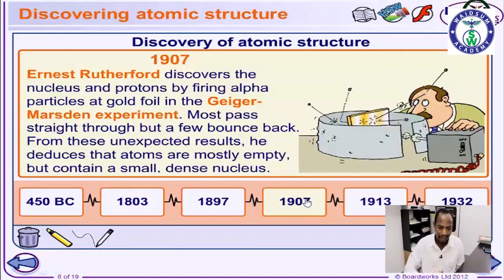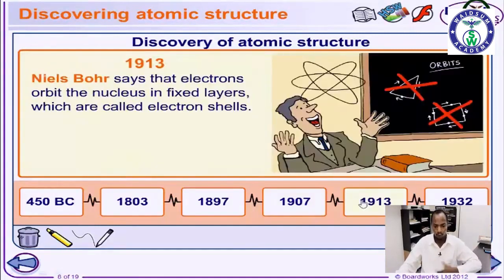The result shows that some of the particles could penetrate the gold foil, some were deflected backward, and some were deflected in another direction. So he brought up his discovery, that the atom was made up of the nucleus and the protons.